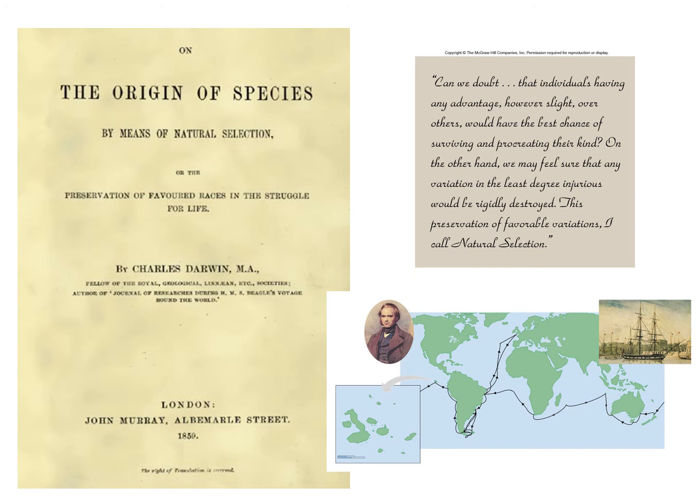So Darwin published On the Origin of Species by Means of Natural Selection in 1859.